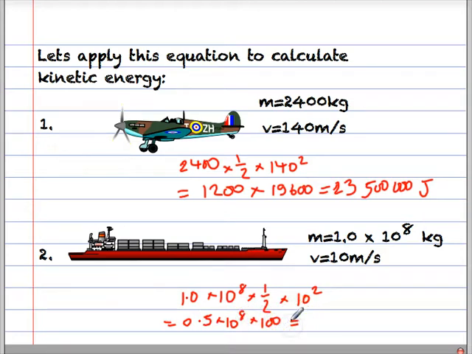I can do that in my head. So that is 5 times 10 to the power of 9 joules. So we have 5 times 10 to the 9 joules, that's 5 billion joules, and here we have 23 million joules, both large numbers, but the ship has a greater kinetic energy, primarily because it's got such a large mass compared to the aeroplane.